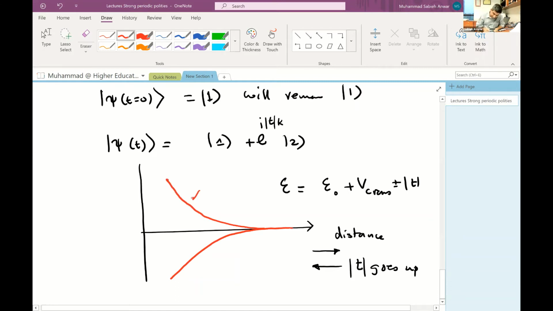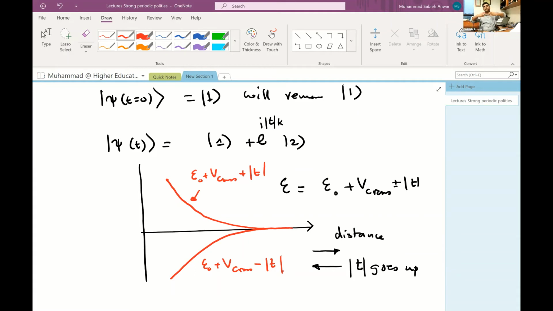So one of these energies is epsilon naught plus V cross plus the magnitude of T. The other is epsilon naught plus V cross minus T. So these energies are now going to split up. And depending upon how close the atoms are, and thus depending upon how large the magnitude of T is going to be, the two energy levels are going to split up.